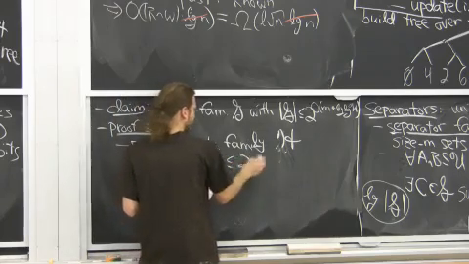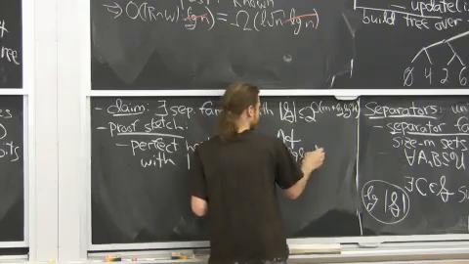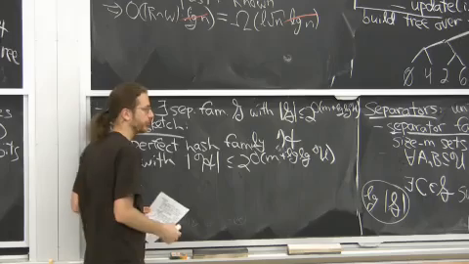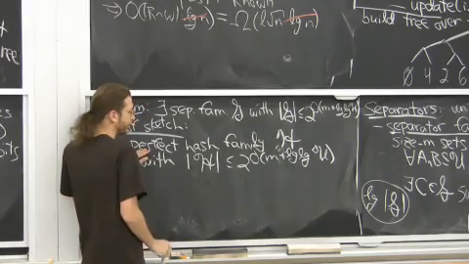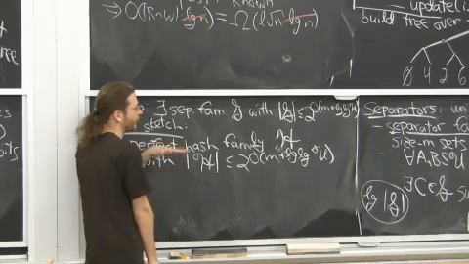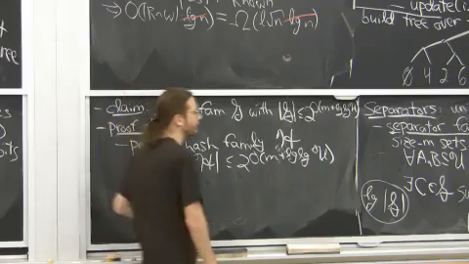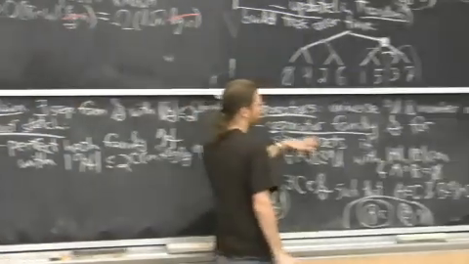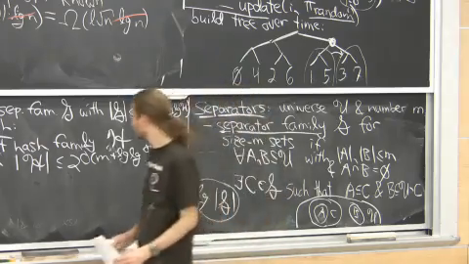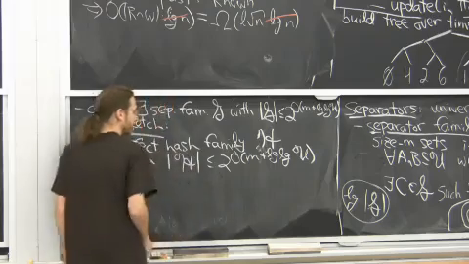Size of H is 2 to the order m plus log u. Okay, I'm not going to prove this, but this is about succinct hash functions. It may be hard to find such a hash family, but the claim is they exist, or it's hard to find the hash function in the family that has no collisions. But the guarantee is as long as you have, in total, 2m items out of your universe of size u, you can get a collision-free hash function, with a family of size 2 to the order m plus log u.